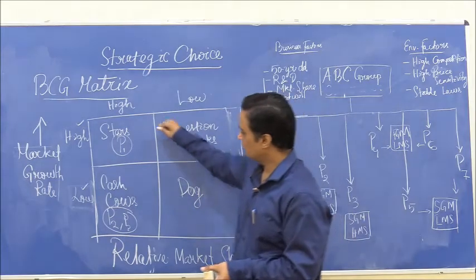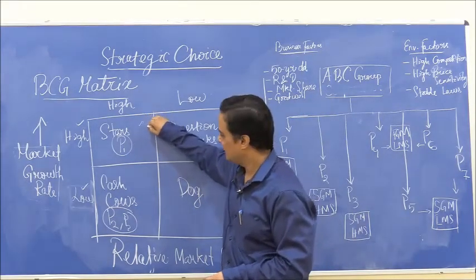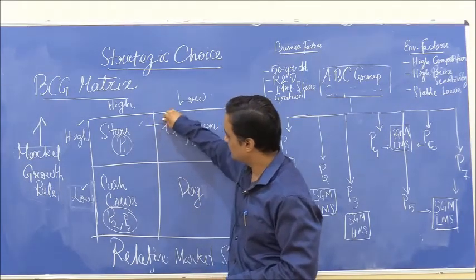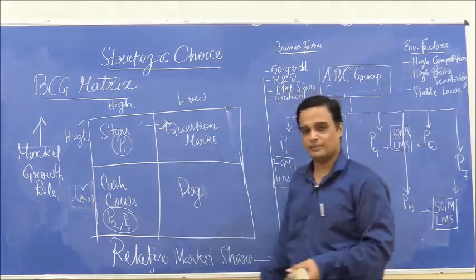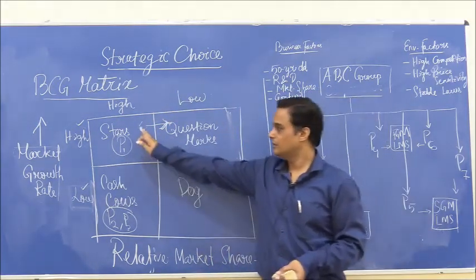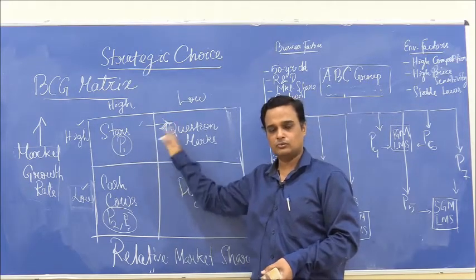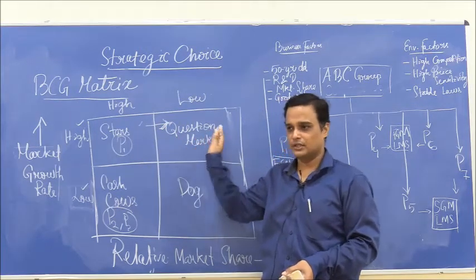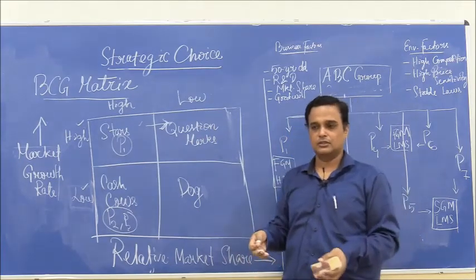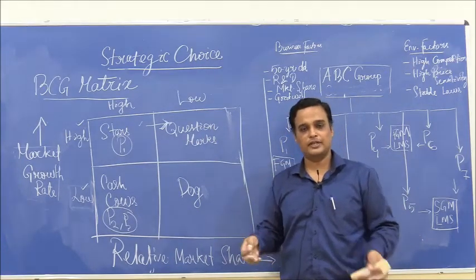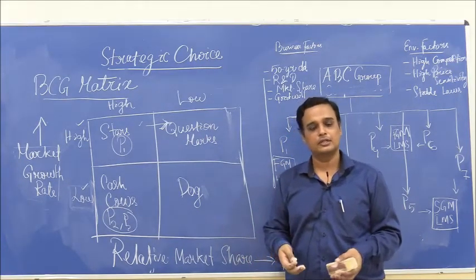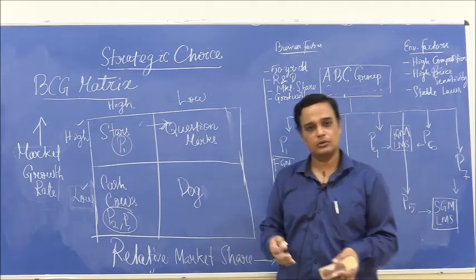So, perhaps you were once a star and now have degraded to a question mark, because a movement from the stars to question marks is pretty common. You were a very high performing brand, but people are not looking for you anymore.